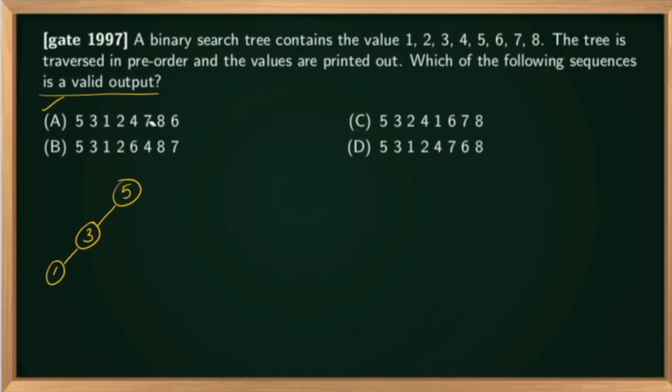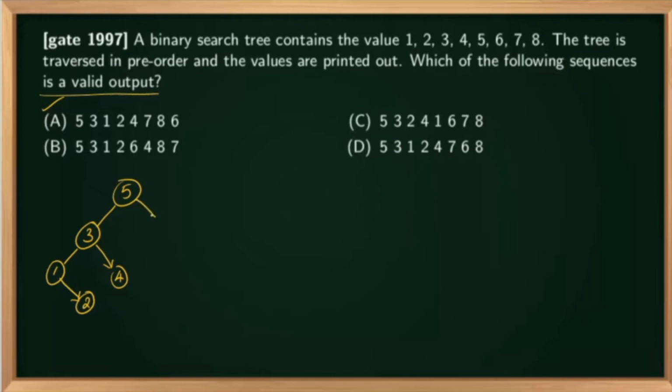Now I have to put 2. So 2 should be on the right side of 1 because it is greater than 1 and less than 3. Right, so it is correct. So till now it is correct: 5, 3, 1, 2. Now I have to put 4. 4 should be here, right? So for the correct pre-order: 5, 3, 1, then 2, then 4. So far clear?